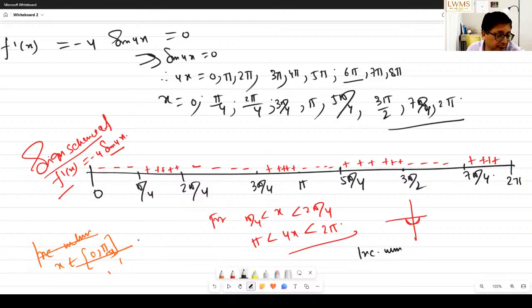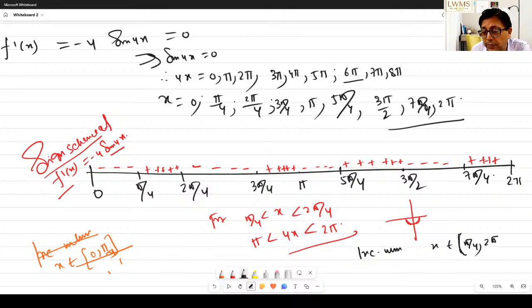Increasing when I have considered sign of minus sine 4x, and that part is done. Derivative sign now I will write. Accordingly I will say the answer. Increasing when? You write the open interval always.